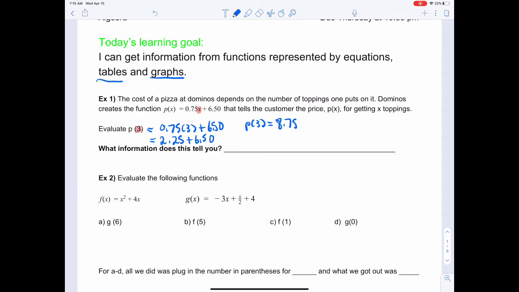Well, if x is the toppings, and all the things highlighted in red represent x, so the 3, the x, and the toppings, we know that 3 is toppings, and 875 must be the price. So a 3-topping pizza costs $8.75. That's all.